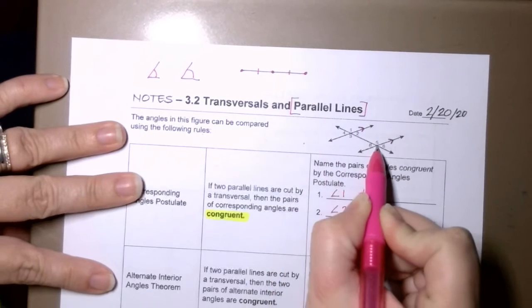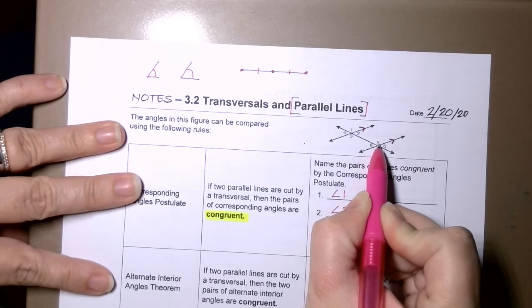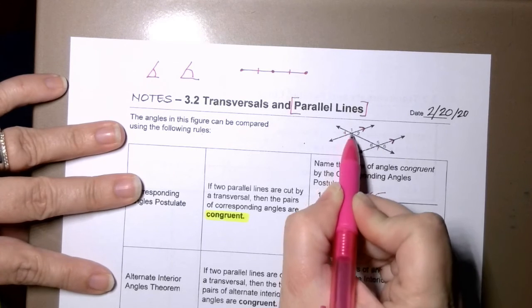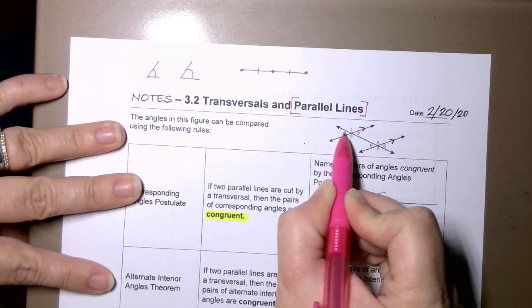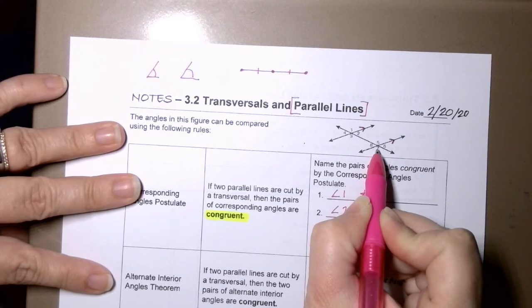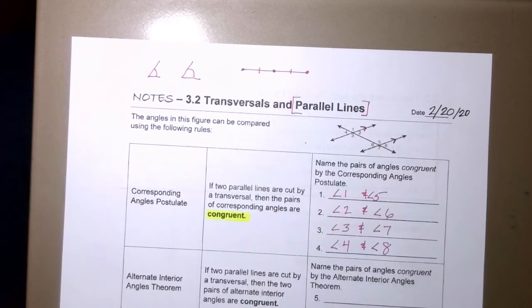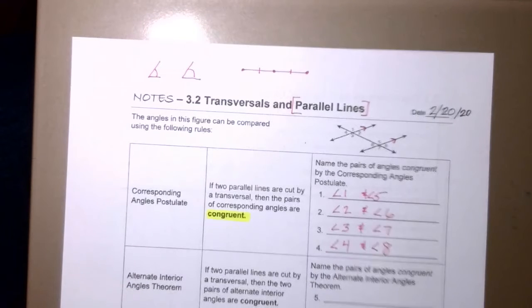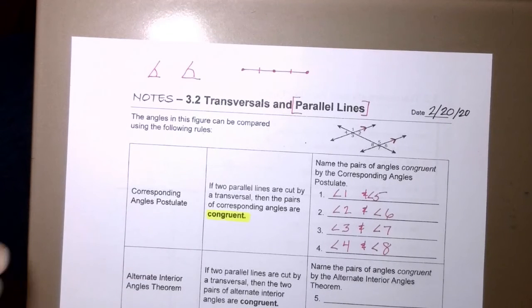The angle on the top of this intersection would be its corresponding angle. On this intersection on the left is 4. Its corresponding angle would be the one that's on the left of this intersection as well. So they're at the same location or the same corner of the intersection, just at a different intersection.